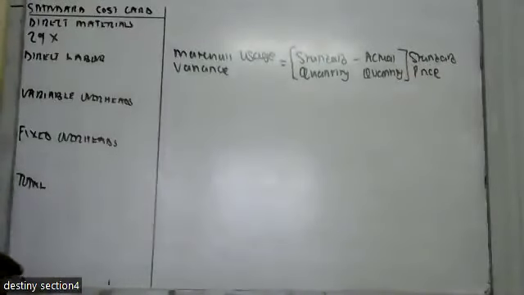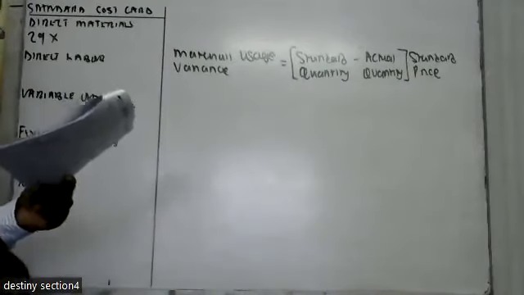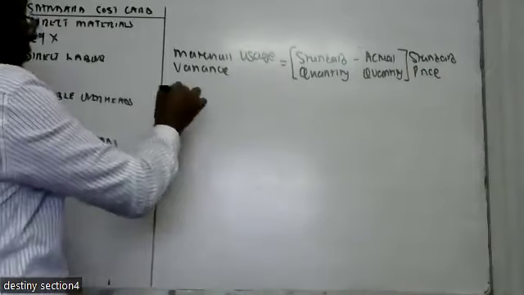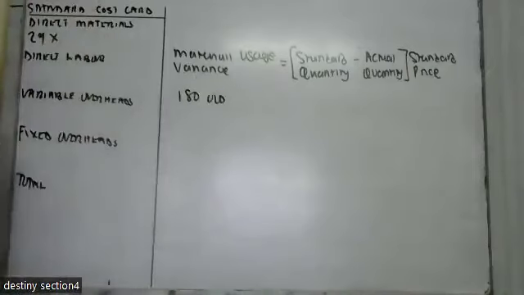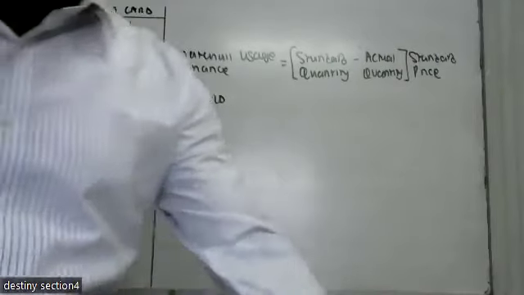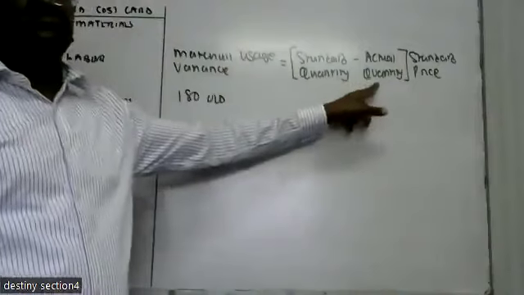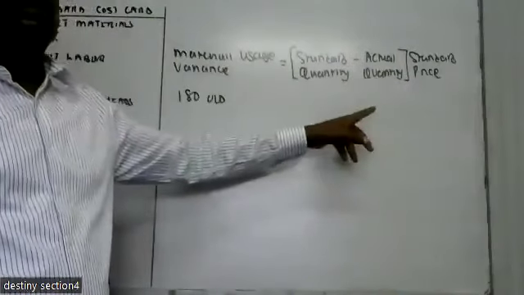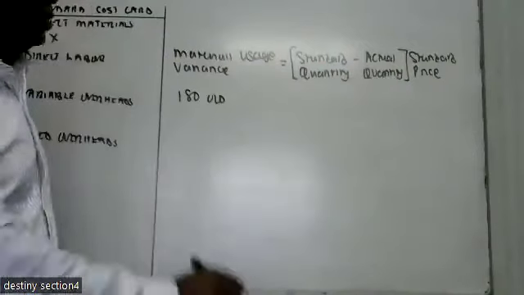Usage, we are told, was 180,000 adverse. If it is adverse, it means the actual quantity is more, we used more. So according to how we set our formula, if this is more than this, mathematically this one should be negative.